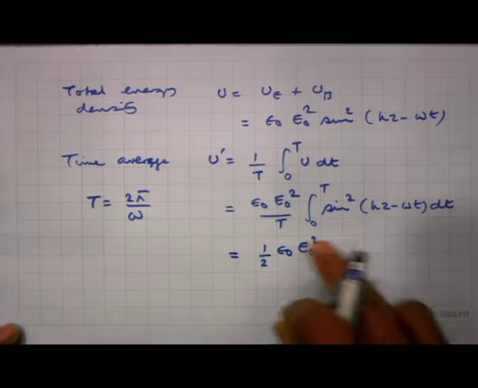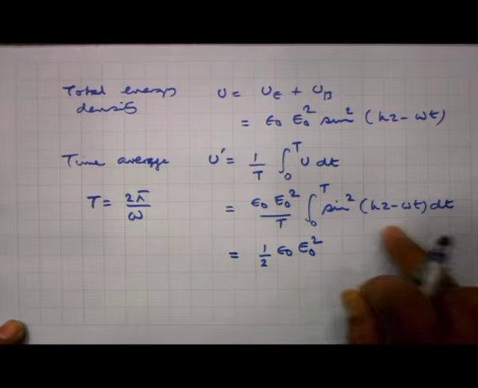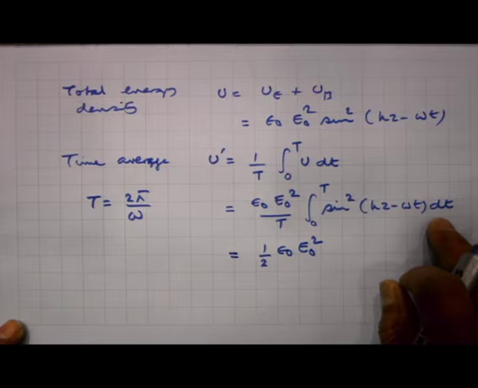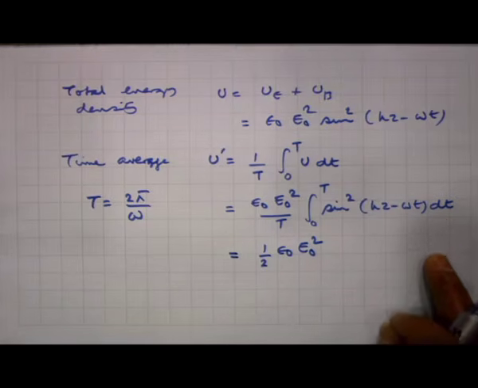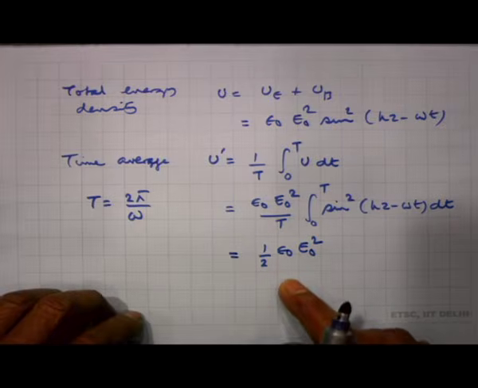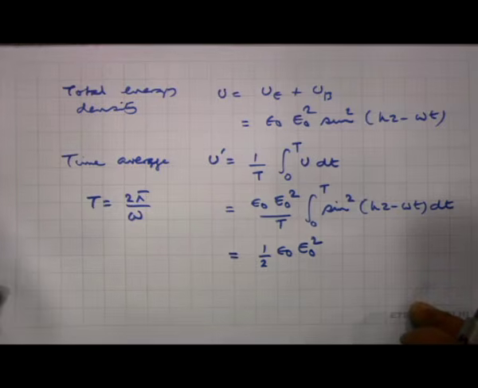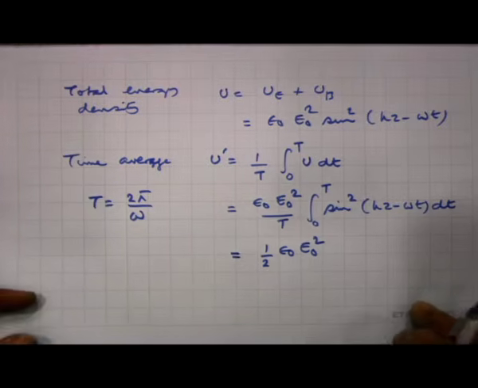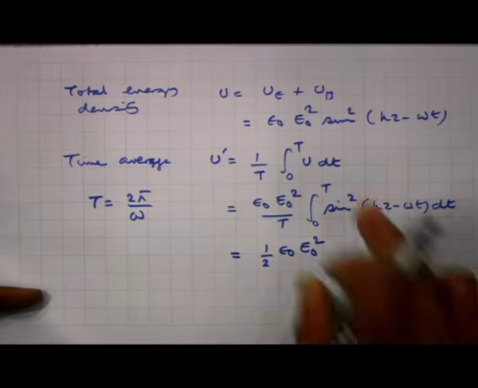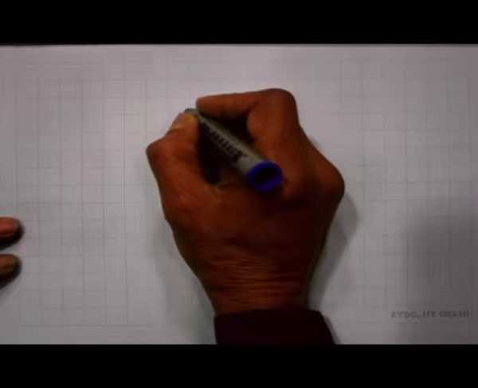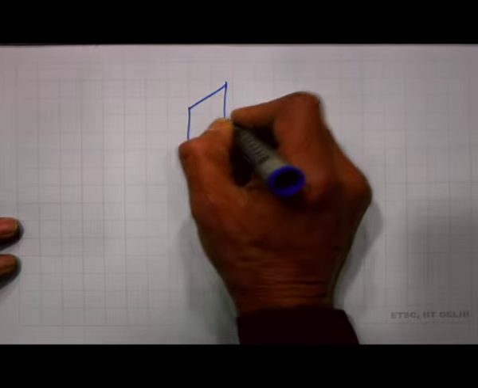So, you show that 1 by T integral 0 to T sin square (k z minus omega t) dt is actually half. You must know that the average of a sine square function is half, the average of a cosine square function is half. So, that average is half, and that is the time average total energy density associated with the electromagnetic wave, and this energy is actually propagating. So, I can actually look at the following situation. Let me take a unit area.